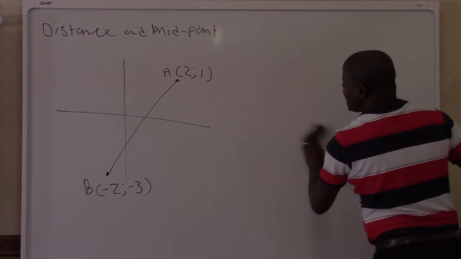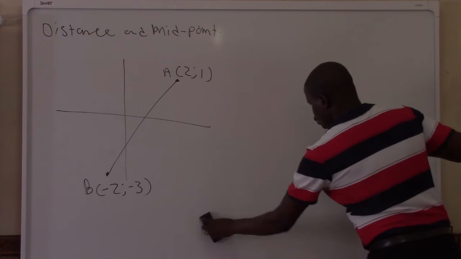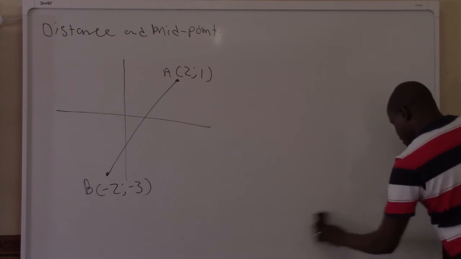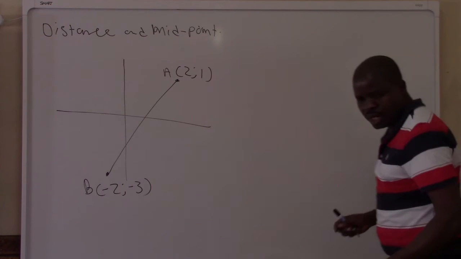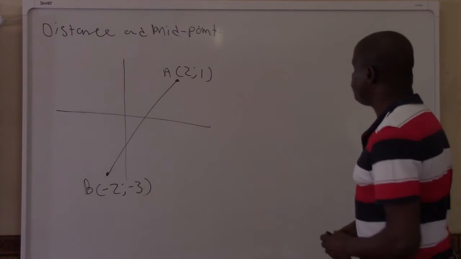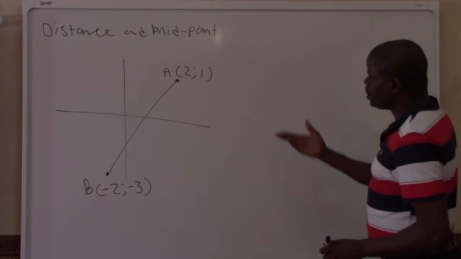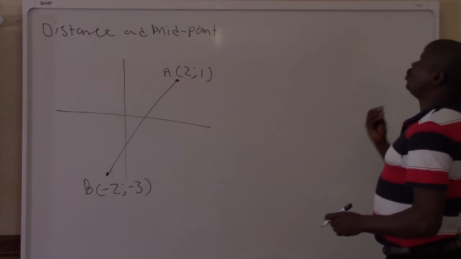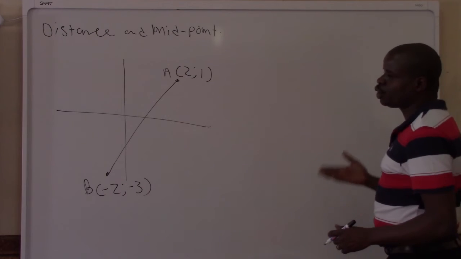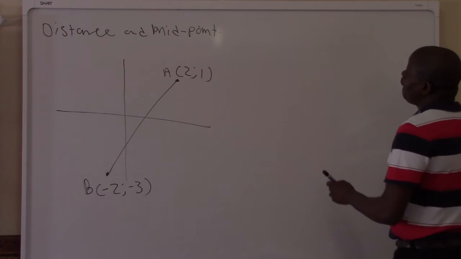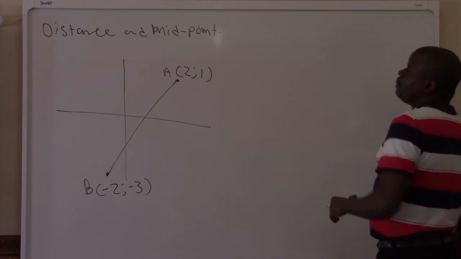Sometimes you may need to use that equation to prove that those two lines are parallel or those two lines are perpendicular. So it may not come straight to say to you, calculate that equation, but you may need it in order to prove that two lines are parallel or two lines are perpendicular to each other, or are not parallel or are not perpendicular.